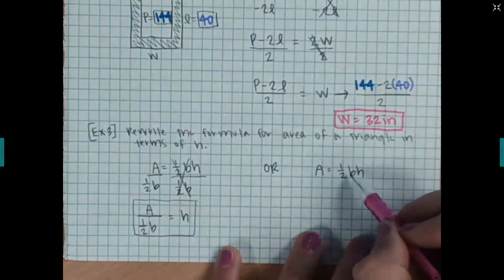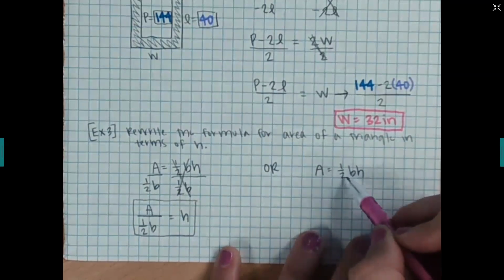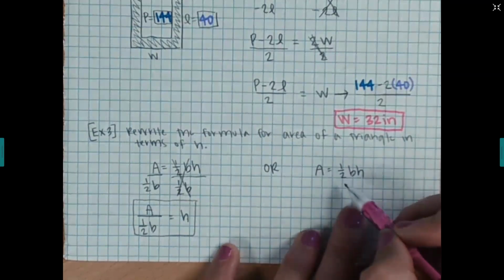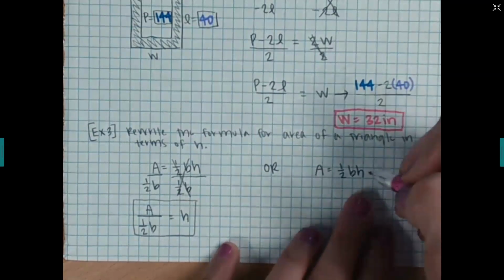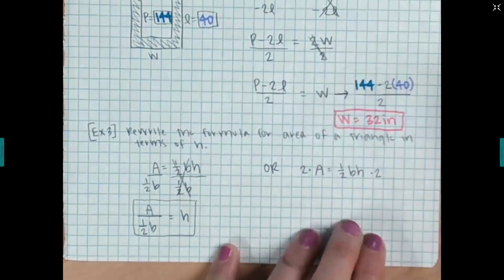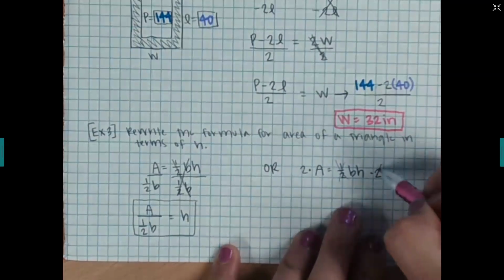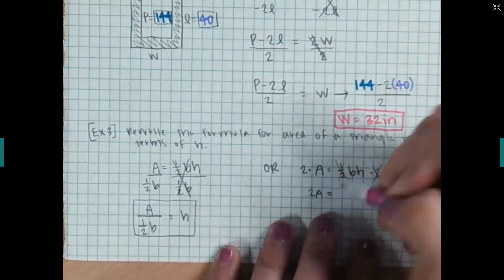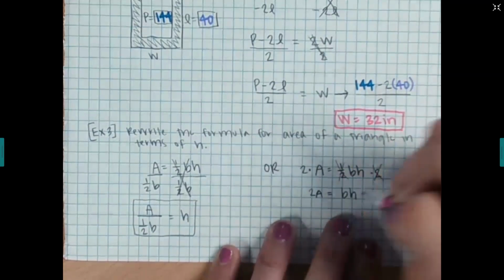So instead of dividing by the 1/2 b to start, noticing that this 1/2 is being multiplied out front, we can actually multiply both sides by 2. And that will get rid of the 1/2 on the right-hand side. So we would have 2A equals b times h.